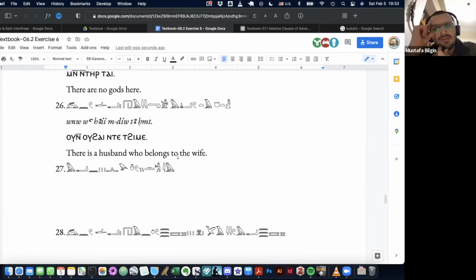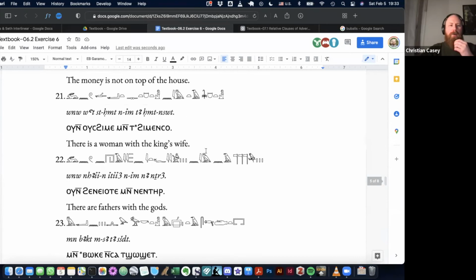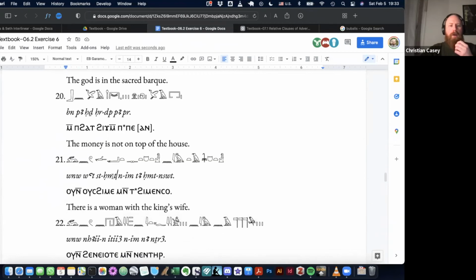I guess it could imply that she's married to a woman, but we don't really have any textual evidence of that that I know of. It implies that she's married at the very least. Although the word Hemet, I have seen it used adjectivally to mean female. And that's actually kind of what's happening in the word Sahime. So I think we had an example earlier of Sahime. Let's just look at it real quick.